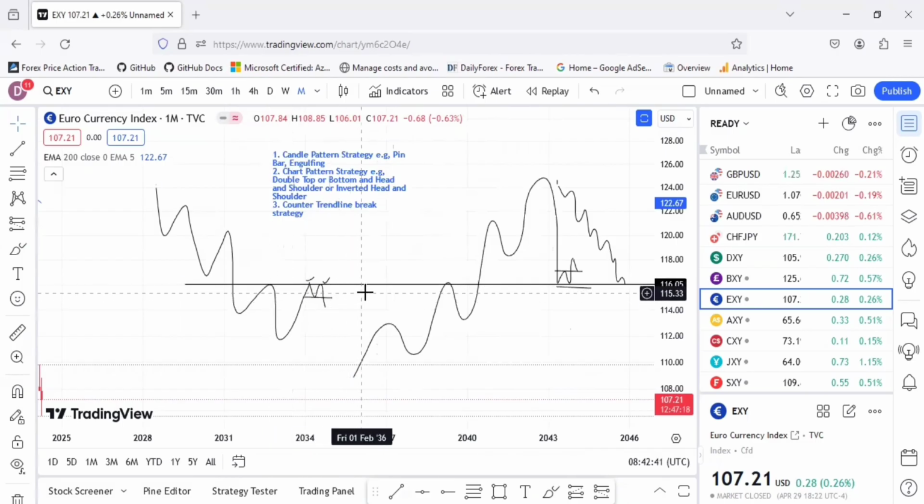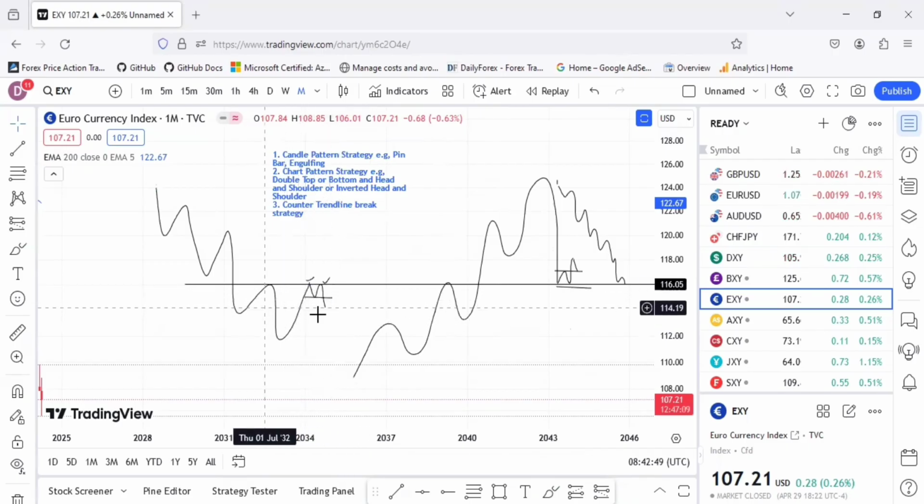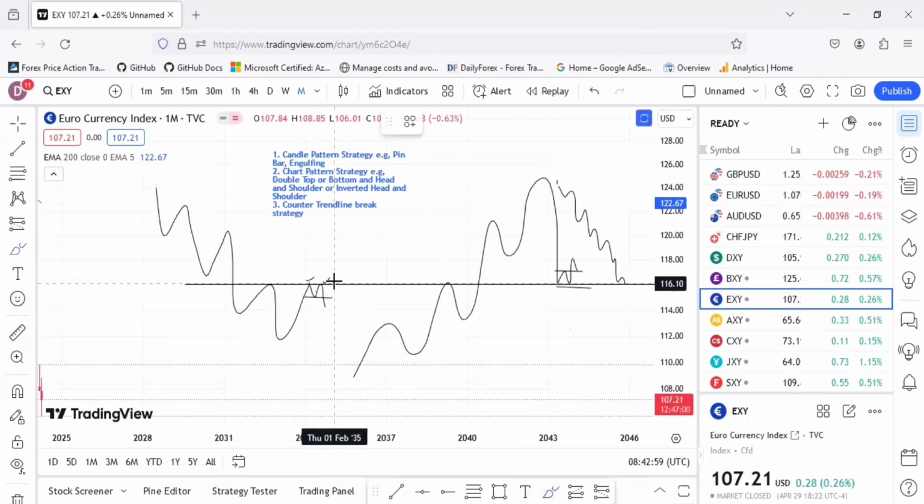Then the second one that I want us to look at is the head and shoulder pattern. It takes the same form, but the only difference between the two of them is just the pattern, as I call this one double top and double bottom. That means for head and shoulder at this level, you might see something like this. When the price gets to this place, let me clean up this one.